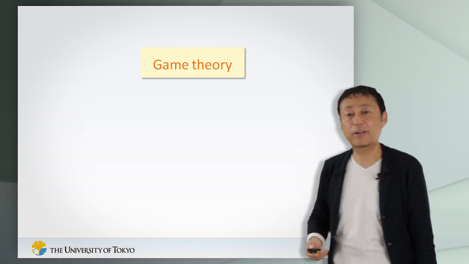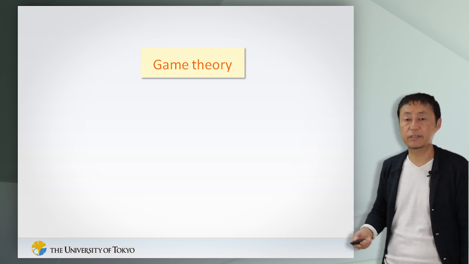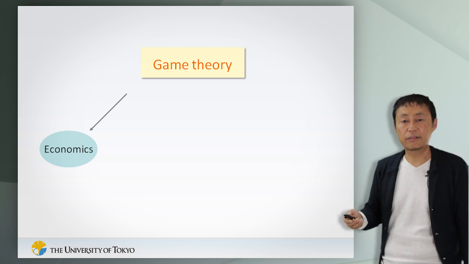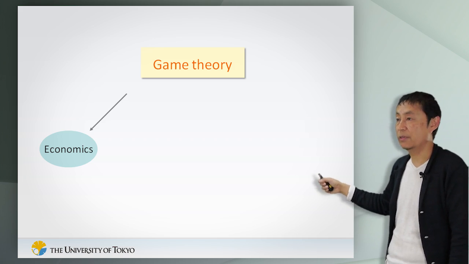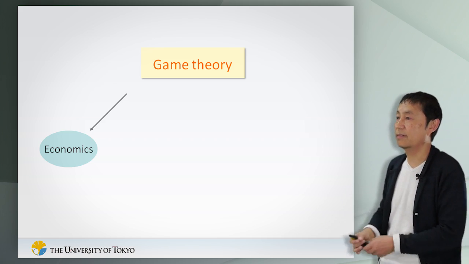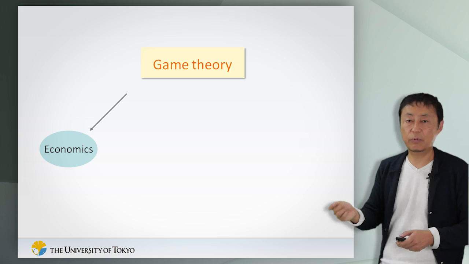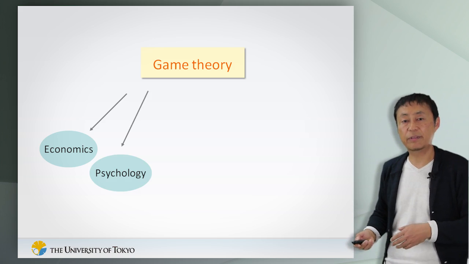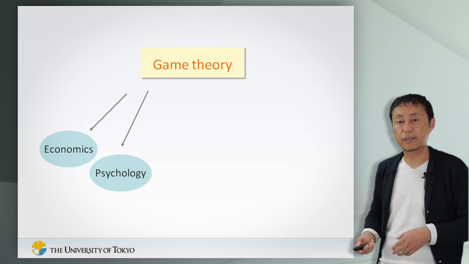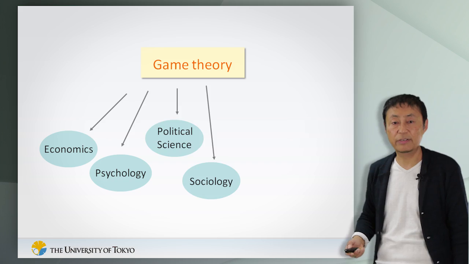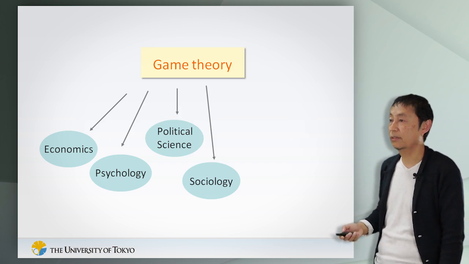Okay, so game theory has been applied to a number of research fields, including economics. This is the first place where game theory was born because in all social sciences, economics was the first to use a mathematical approach. But now, game theory has been applied to other fields of research in social sciences and humanities, like psychology, political science, and sociology.